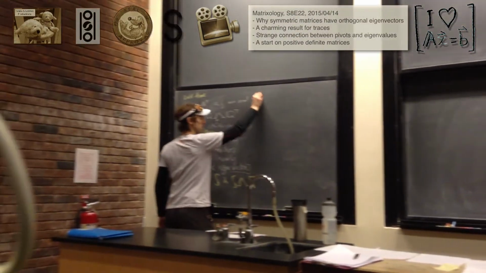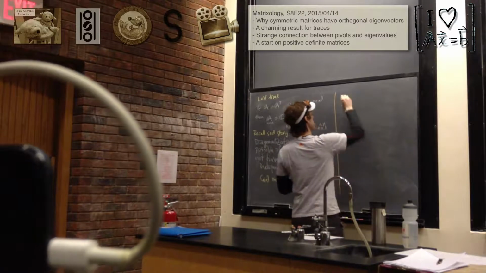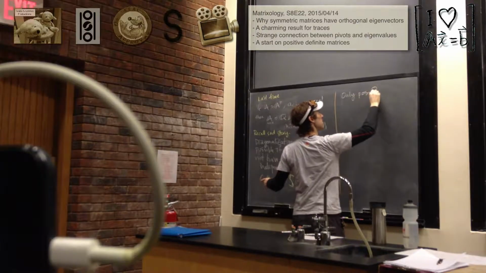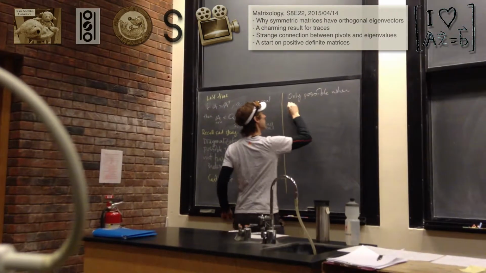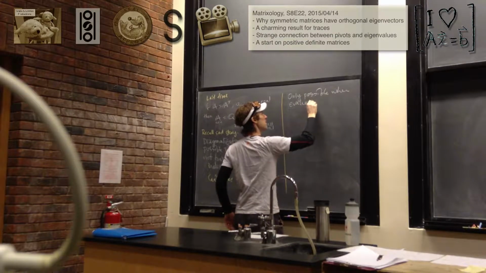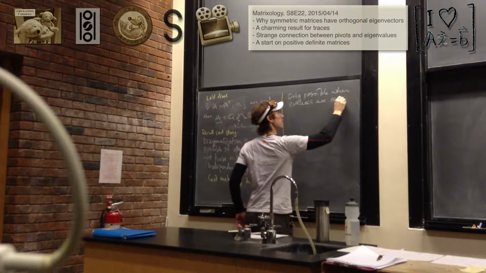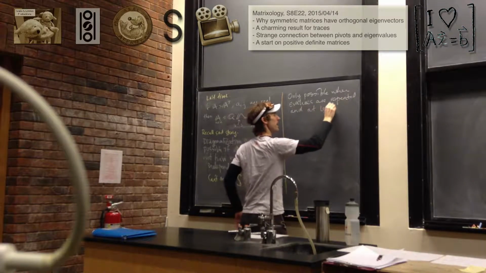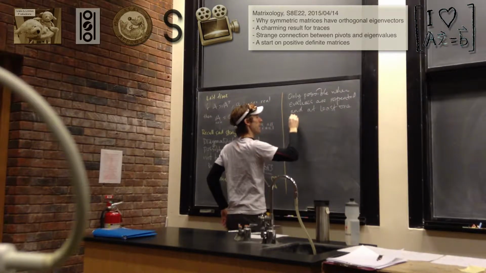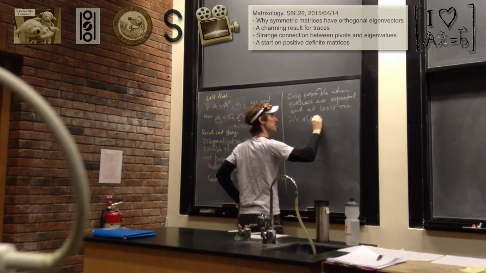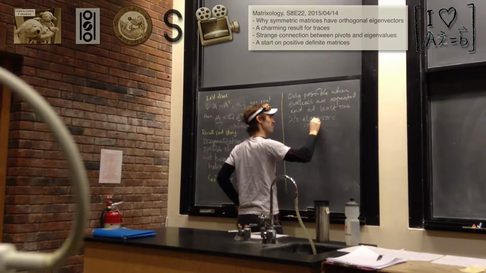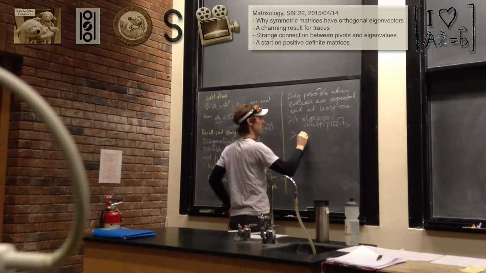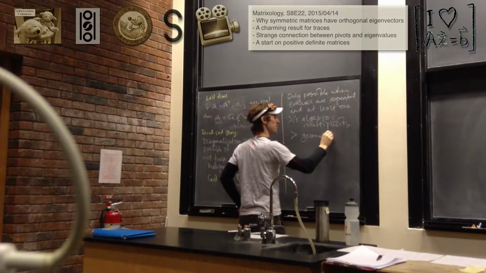So this is only possible when eigenvalues are repeated, and at least one lambda's algebraic multiplicity, how many times it appears, is greater than the geometric multiplicity, which is about eigenvectors.